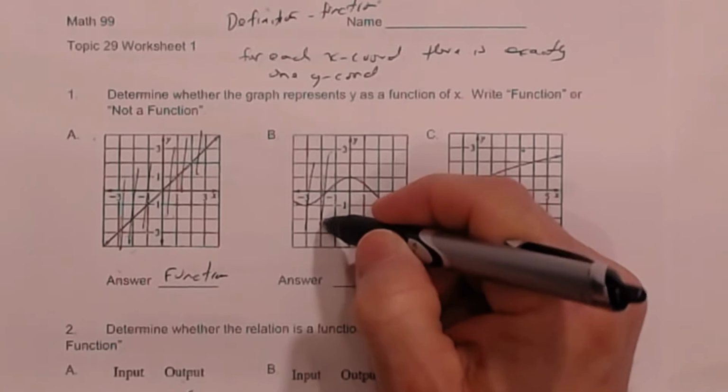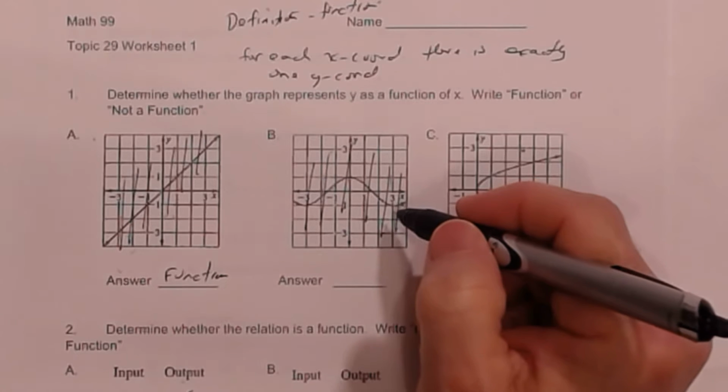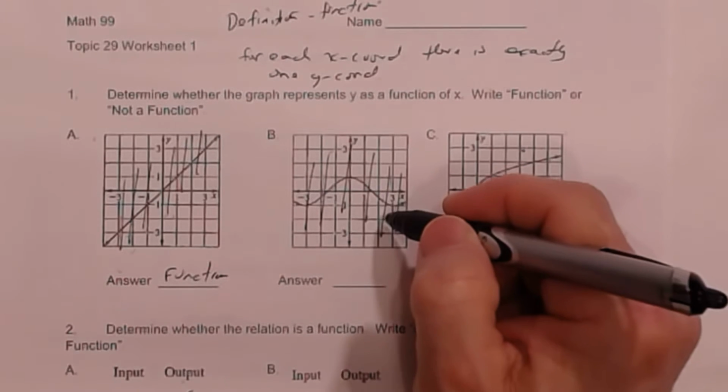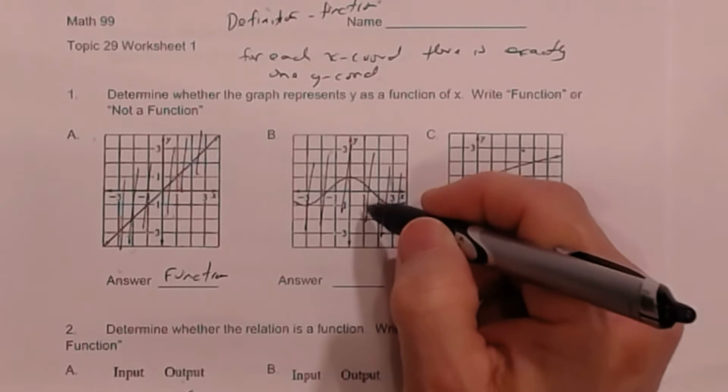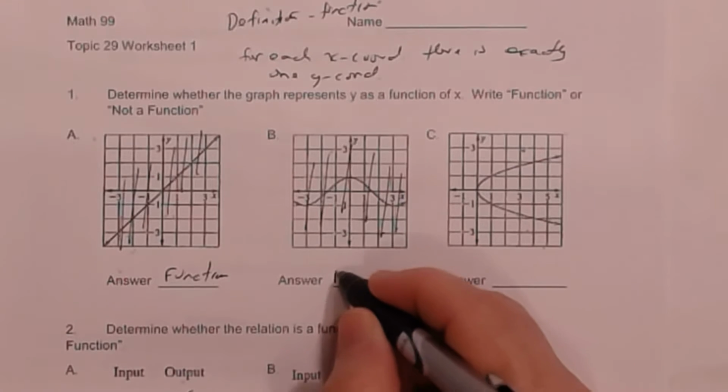No matter where you draw this vertical line, it intersects the graph just once, meaning for each x coordinate, there's only one y value associated with it. All right, so this is a function.